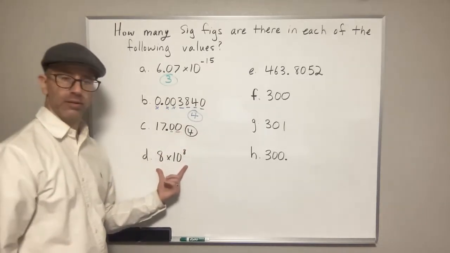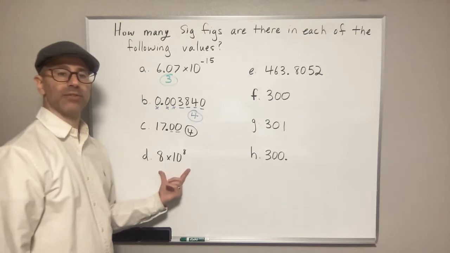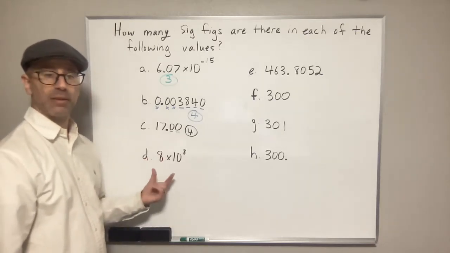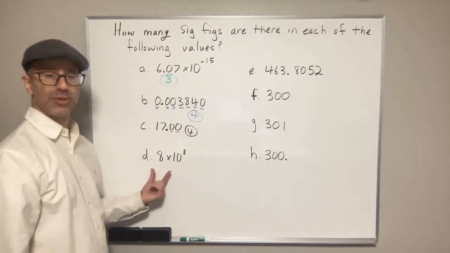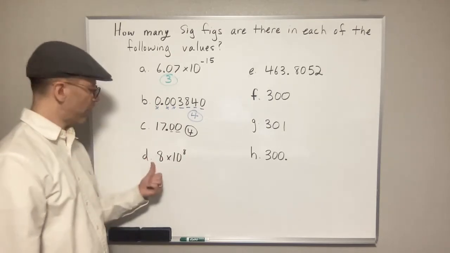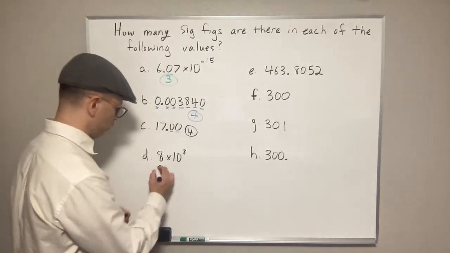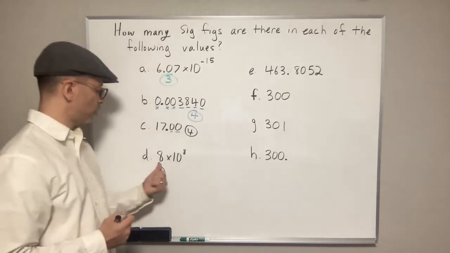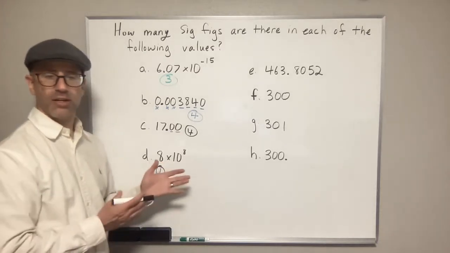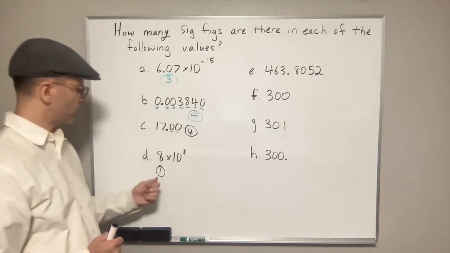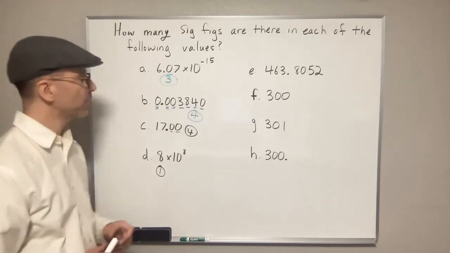What about this one? Here, it's in scientific notation again. All the digits that you're given at the beginning of your number in scientific notation are significant. We only have 1 here, so that means there's only 1 significant figure. And we also know it's significant because it's an 8. Numbers 1 through 9 are significant. So that's going to be one significant figure.